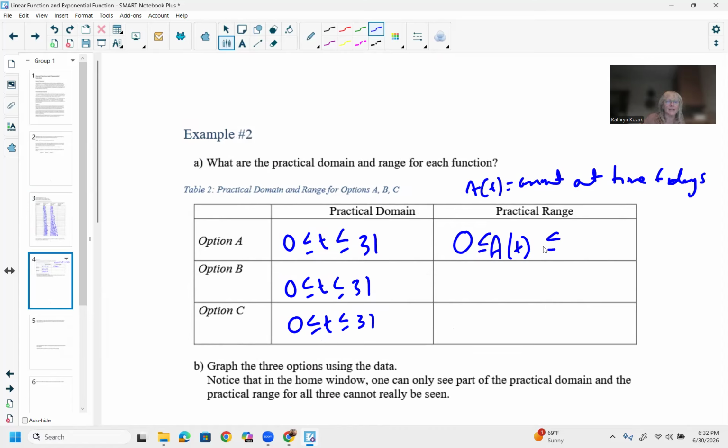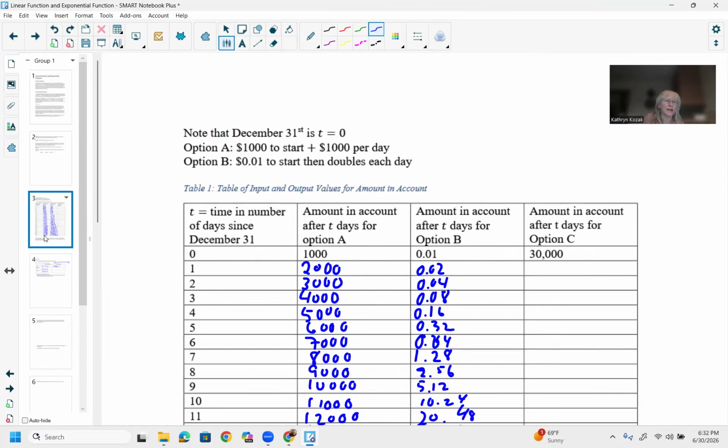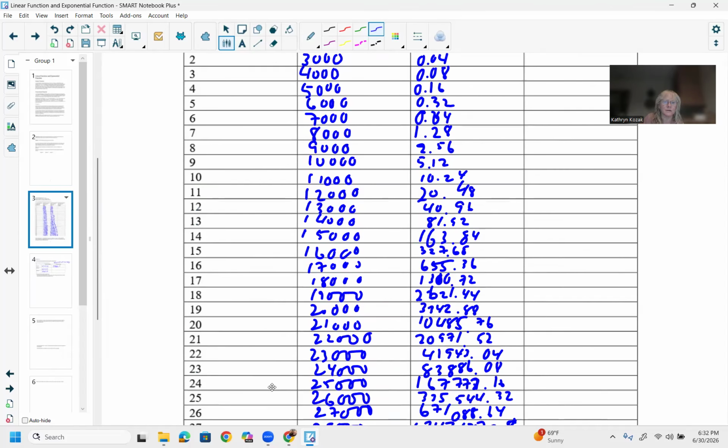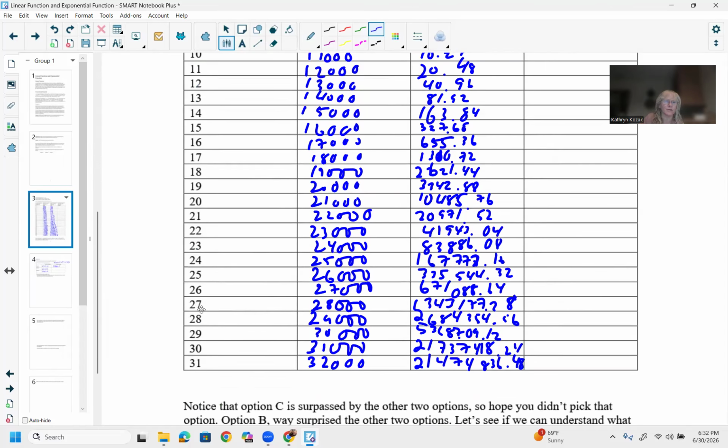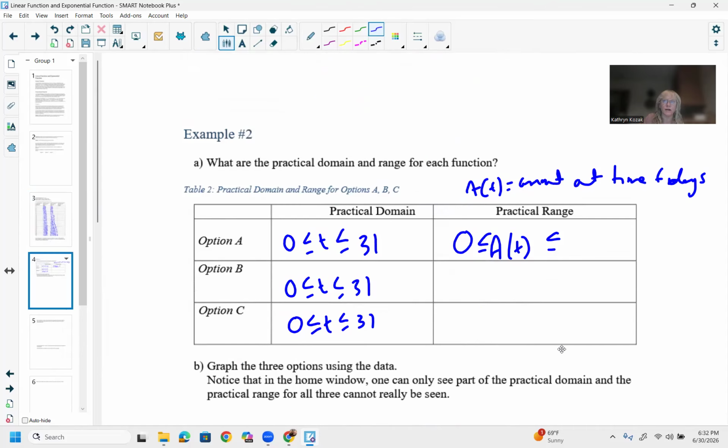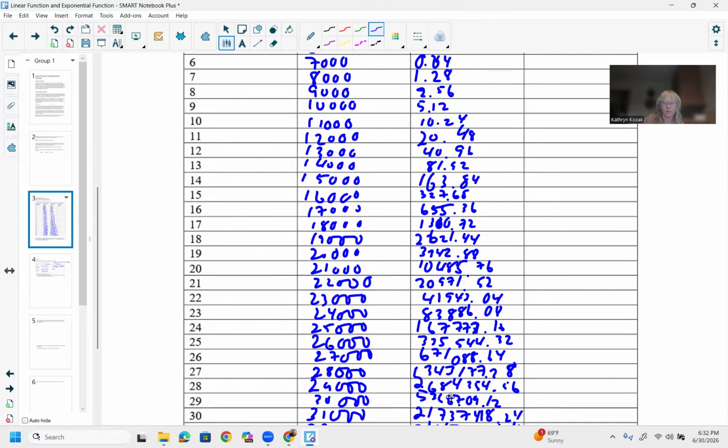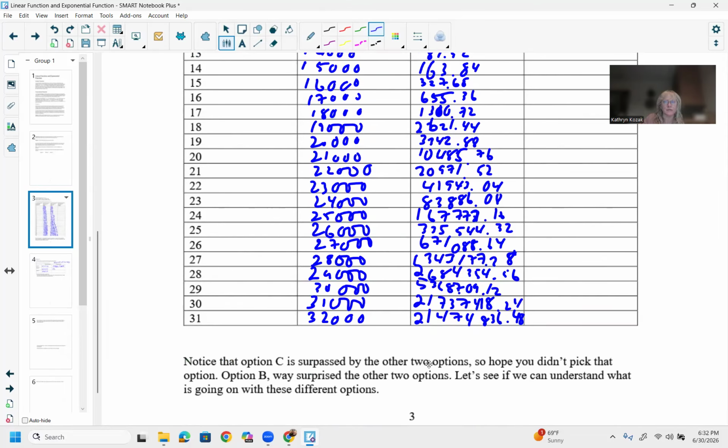And the maximum we got for option A was 32,000. So that's my practical range. For option B, the maximum I got to is 21,474,836.